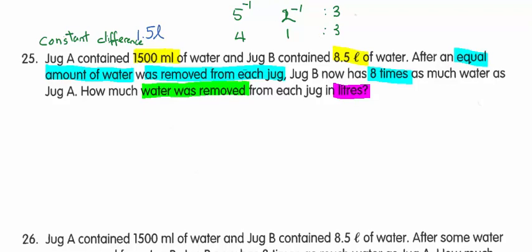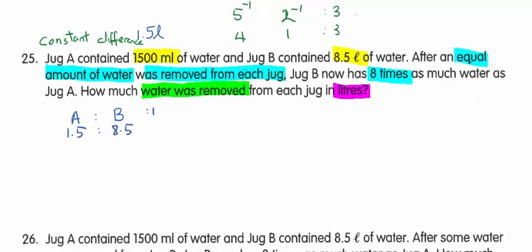So I'm going to use ratio to help me solve this. So I've got A, I've got B. Jug A contains 1500. Jug B contains, okay, no, because I need liters, I'm going to work in liters at all times. So this is 1.5 liters and this is 8.5 liters.